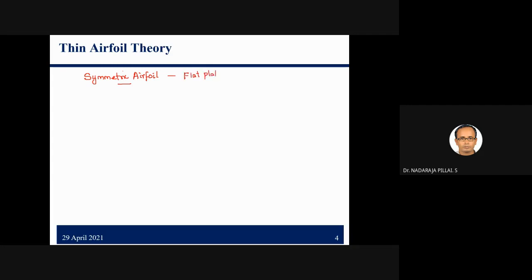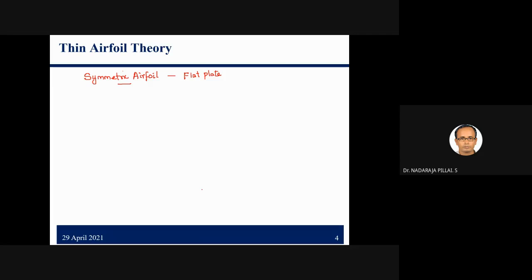We have not considered the thickness, but we will consider the thickness later. We should also remember that this expression is for inviscid incompressible flow at small angle of attack.